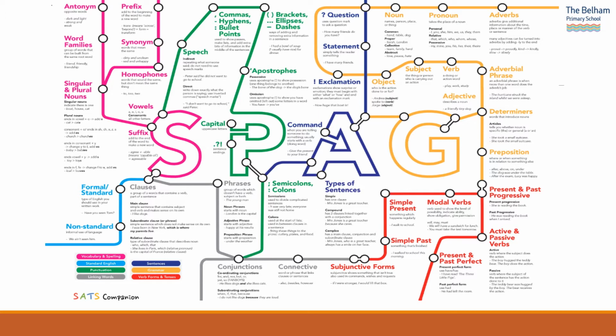It's just a really nice, clear, colour-coded way of presenting everything within Key Stage 2 grammar that we want our children to know, that we will be teaching the children, and it's quite nice to use as a reference point if you want to go back and double check something, or remind the children of something in the future. This is where quite a lot of the information I'm going to go through in this presentation comes from as well, so that's quite a useful resource to have.